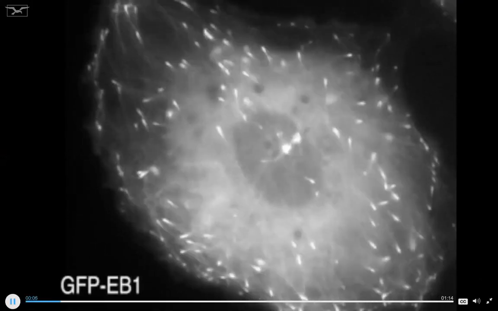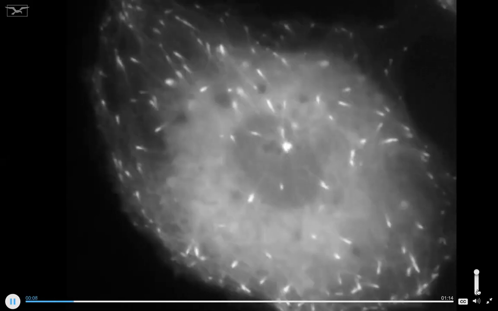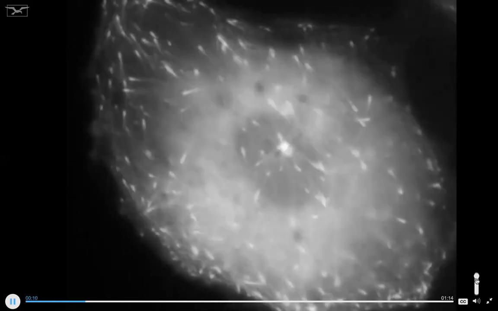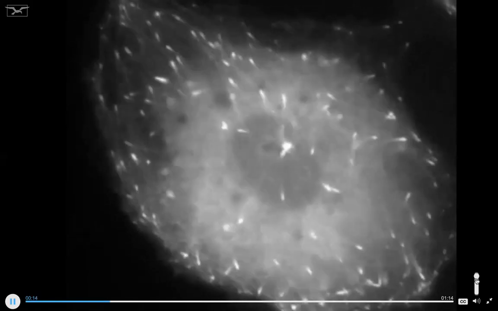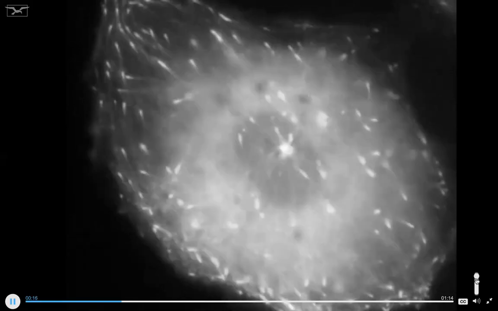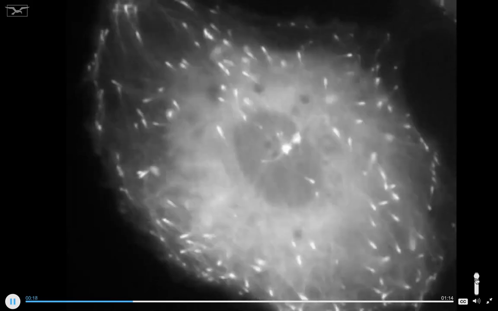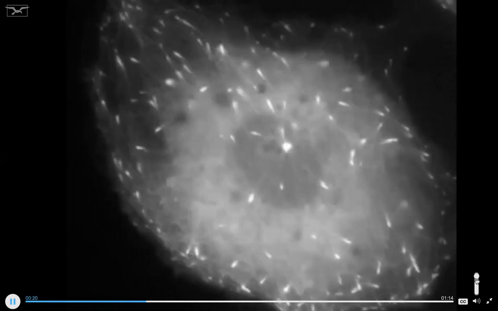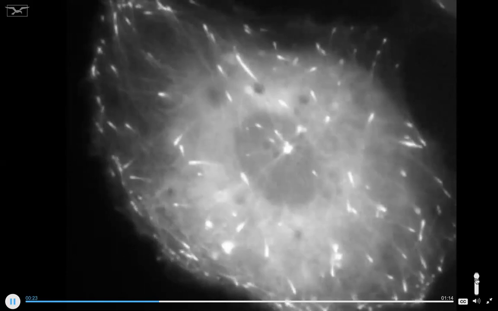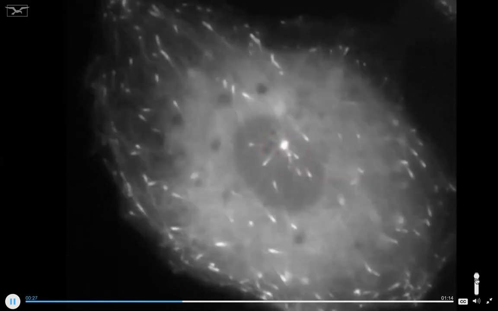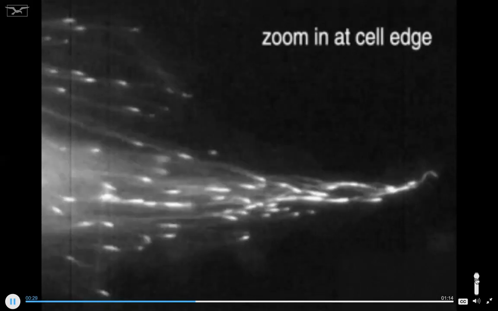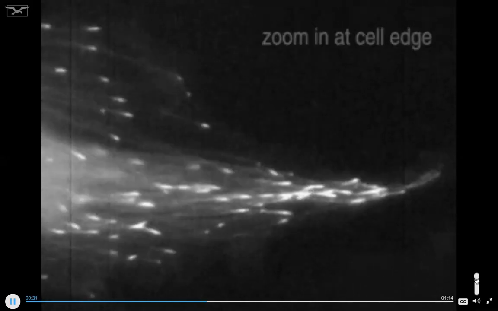EB1 is a protein that binds to the GTP tubulin cap at the growing ends of microtubules. Cells expressing a GFP-EB1 fusion protein reveal the spectacular dynamics of the microtubule cytoskeleton. Note that many, but not all, microtubules in this cell grow from the centrosome. Only the ends of growing microtubules are visible in this experiment.